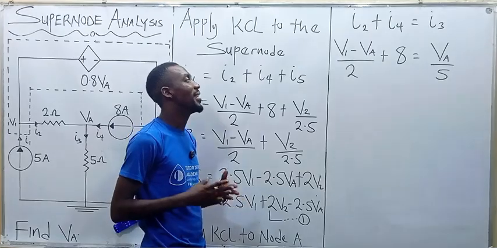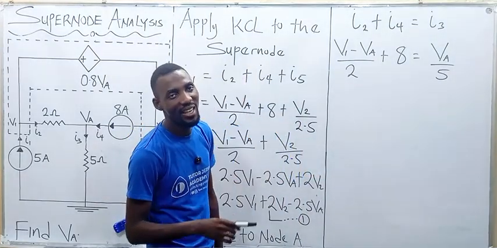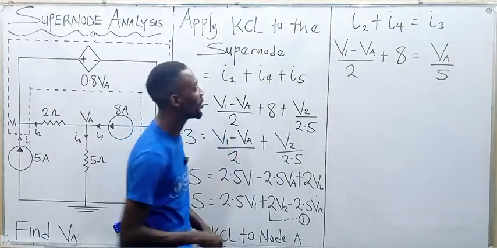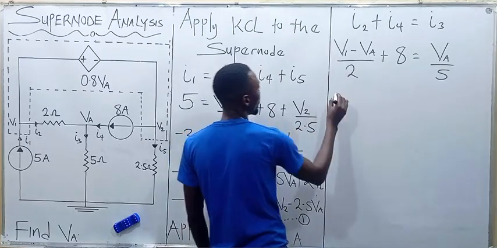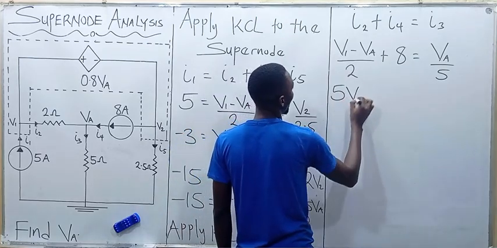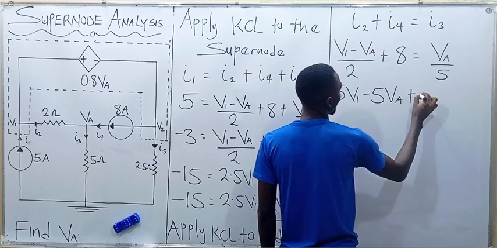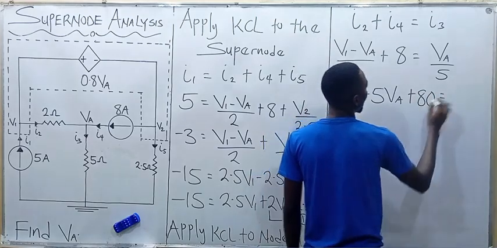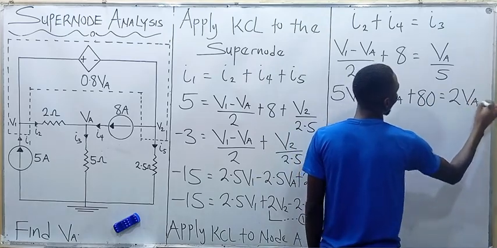All right. Now, the next thing is this. We can multiply through by what? By 10. And if we multiply through by 10, what are we going to have? All right. If we multiply through by 10, 2 in 10 is 5. So this is going to be 5V1 minus 5VA plus 80, which will be equals to 5 in 10, that is 2VA.